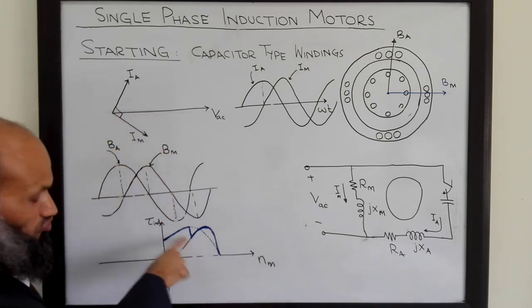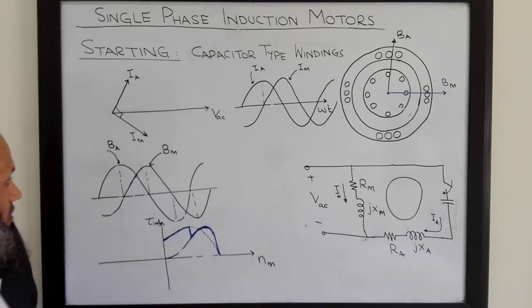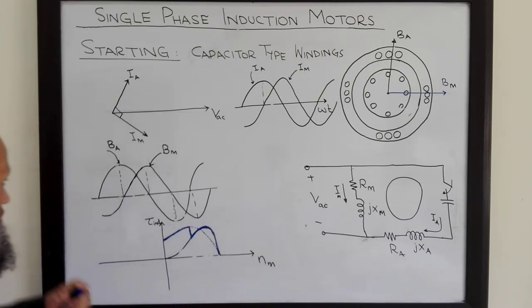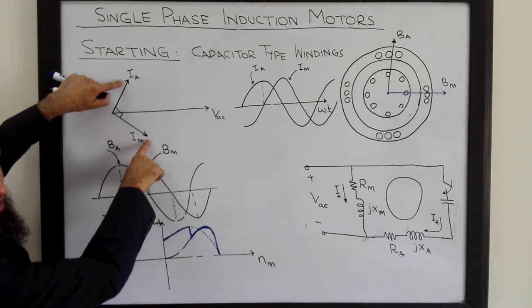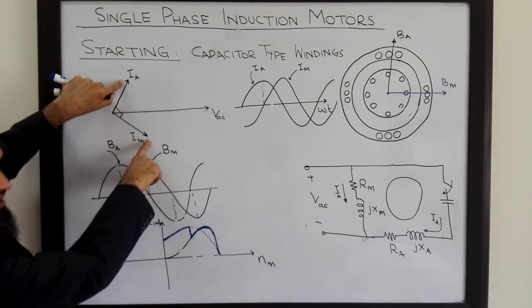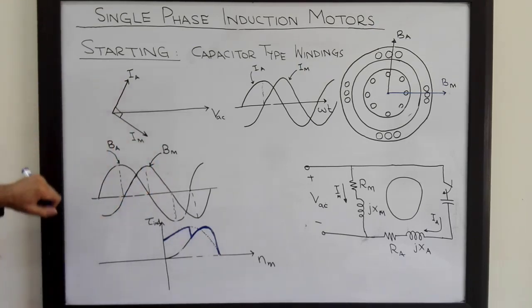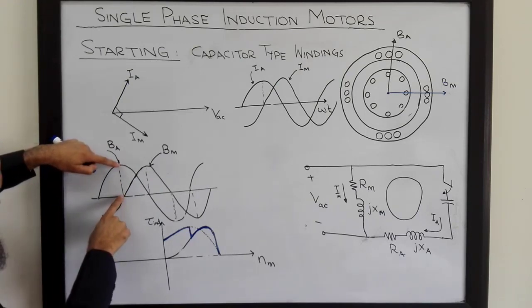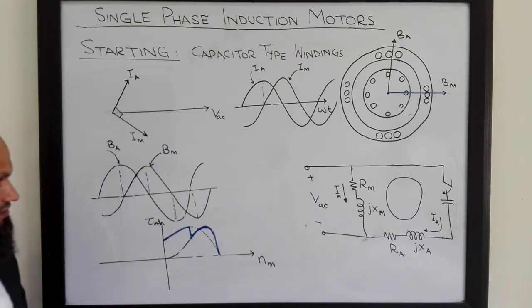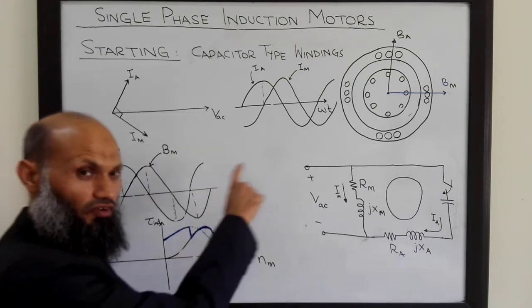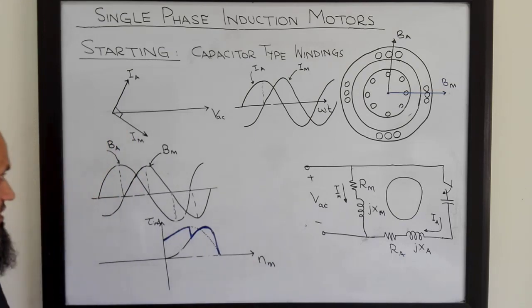The uniform rotating flux density vector is achieved under certain conditions. Firstly, when these two currents are exactly at 90 degrees from each other. Secondly, the amplitudes of BA and BM are exactly equal. Under these conditions, we shall have a uniform rotating flux density vector.